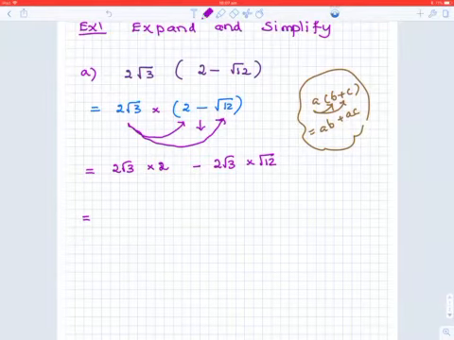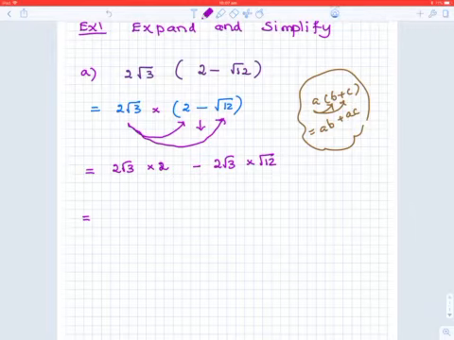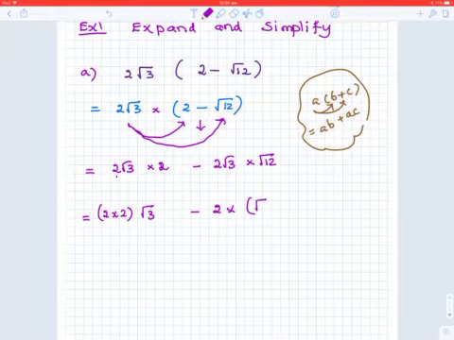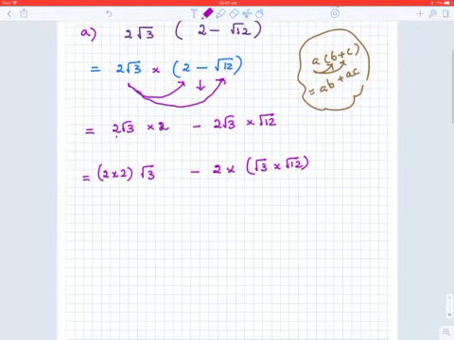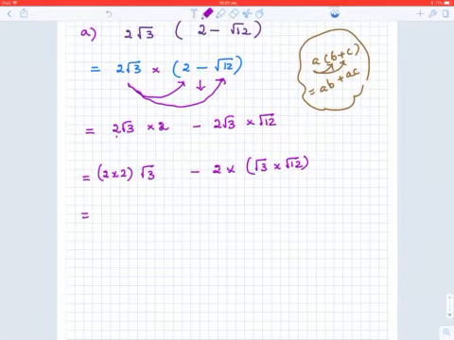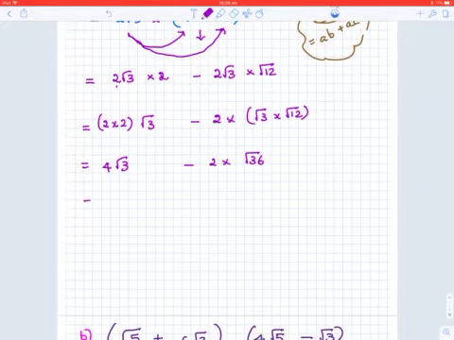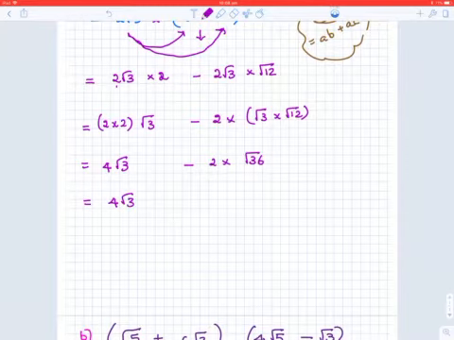Okay. Now remember, when you expand surds, first you combine the numerical part, which is 2 times 2, and the surd part, which is root 3, minus 2 times the surd component, root 3 times root 12. Now 2 times 2 is 4 root 3, take away 2 times root 36.